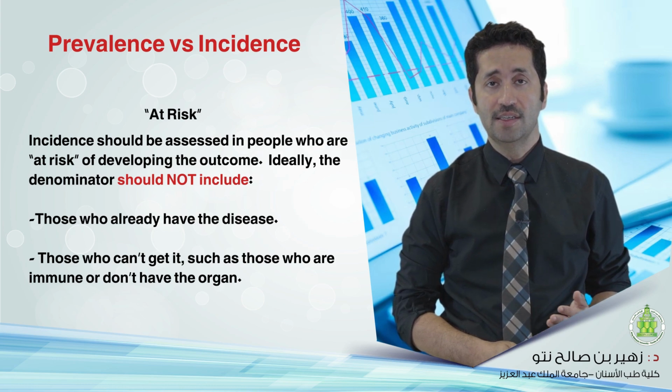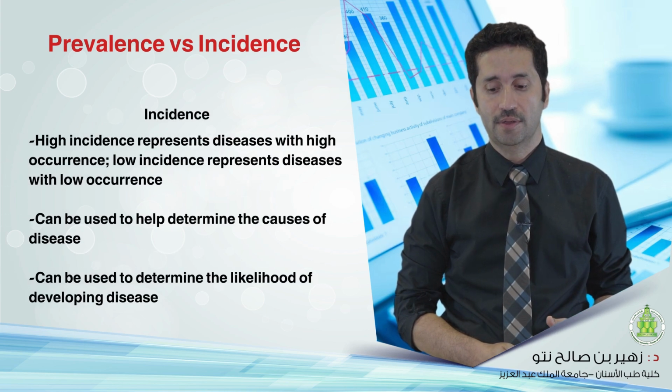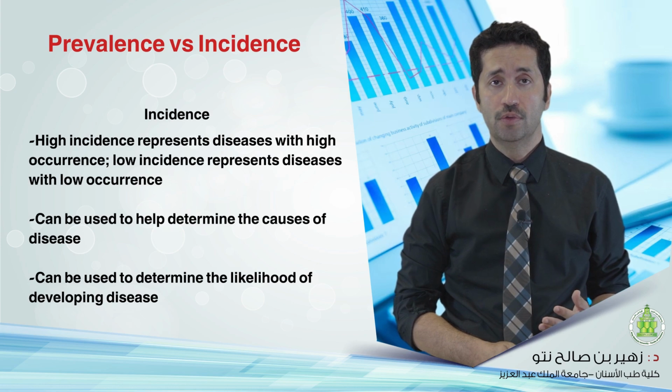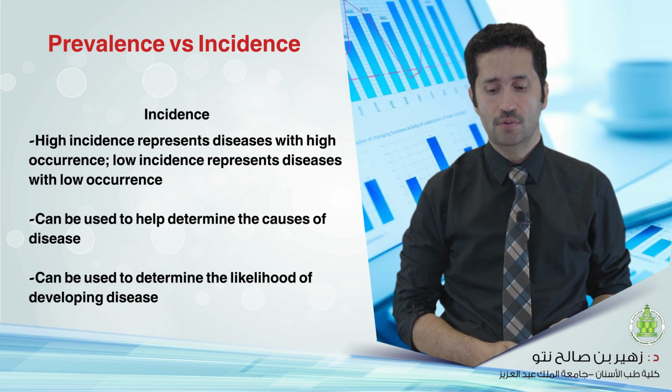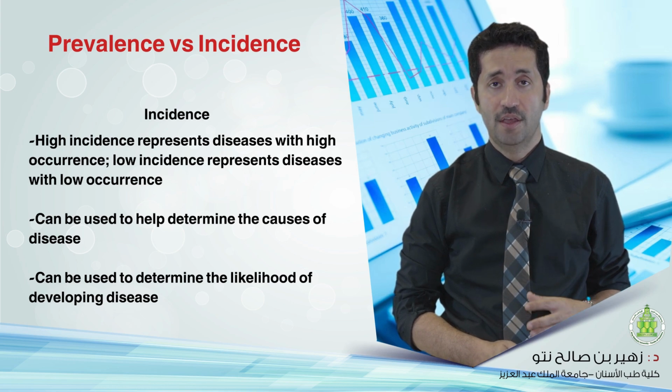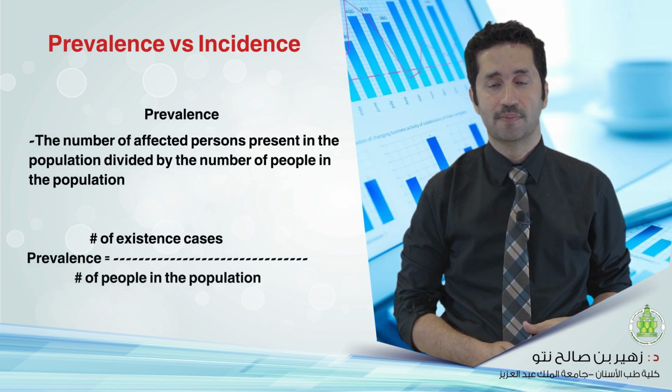When we have high incidence, it means the disease is active because new cases keep coming. It always helps us determine the cause of the disease and also know the risk associated with developing the disease. On the other side, we have prevalence, which is the existing cases.